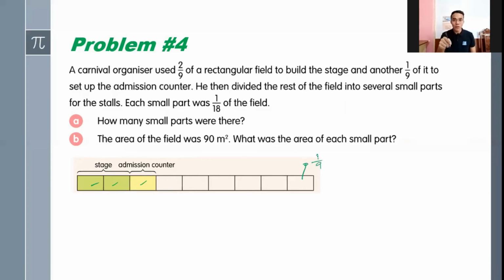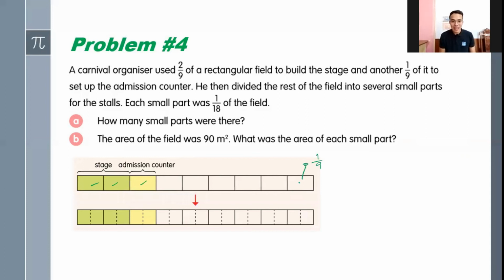And in order for us to be able to have 1/18, this whole thing should be divided into 18 equal parts, which means that we have to subdivide each part. Divide each part into 2 equal parts. This time we have now 18 equal parts, which means that one part is 1/18.